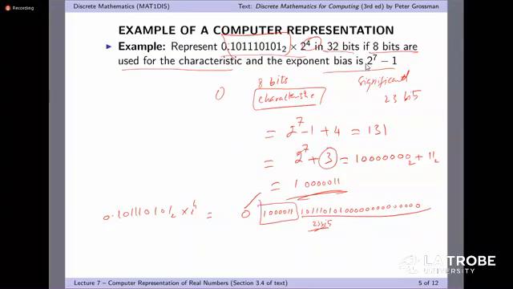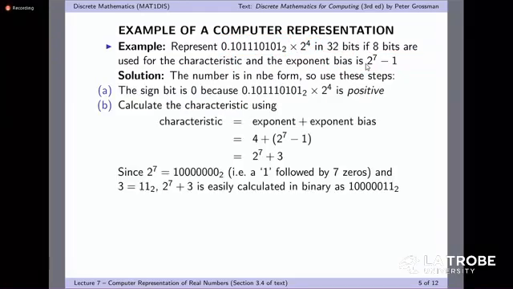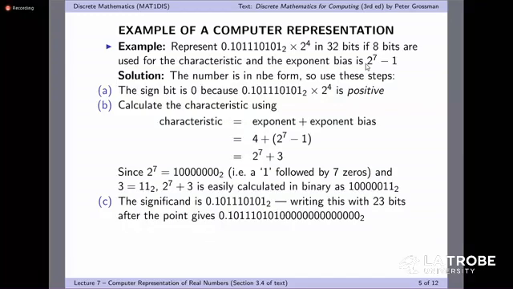How do you get the characteristic? You get it by adding this exponent to the exponent bias. The exponent bias you get from the bits available. Since I'm dealing with 8 bits, the exponent bias would be 2 to the power 7 minus 1. And that's it. All of this is explained step by step here, exactly the same way as I just did.